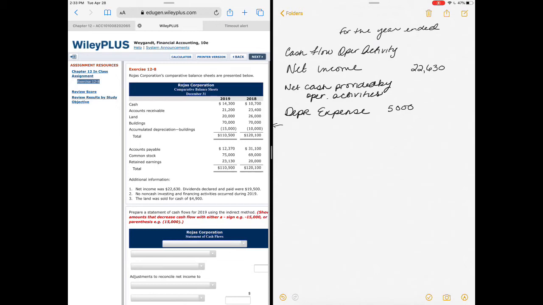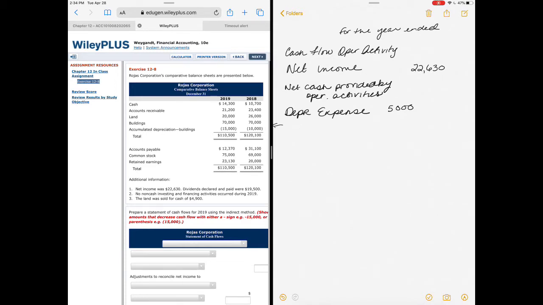Some other things we always look for are gains or losses. Here we sold some land for cash of $4,900, which means we must have sold some land, and we'd have to look at what differences we had there. So you can see the land went down by $6,000. And then we're going to look and make sure that we have no other things going on.